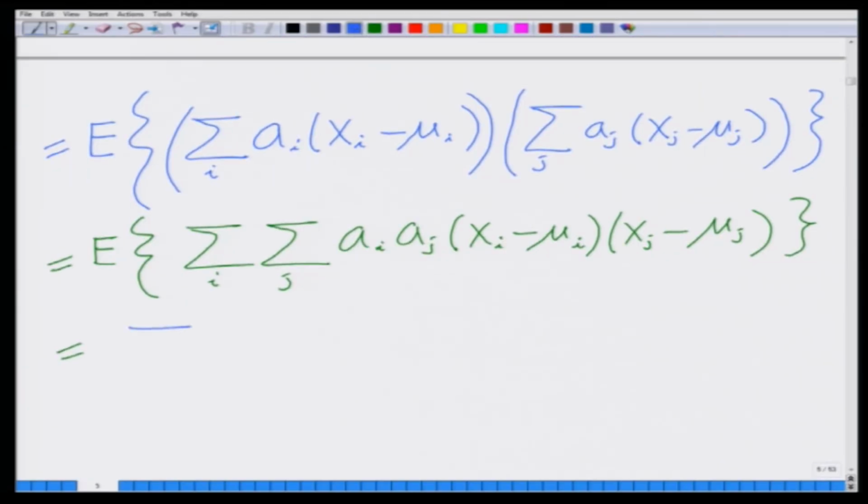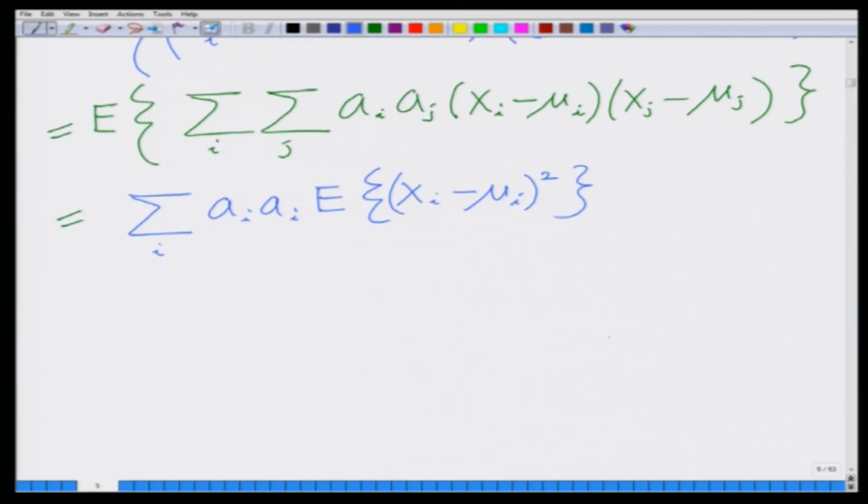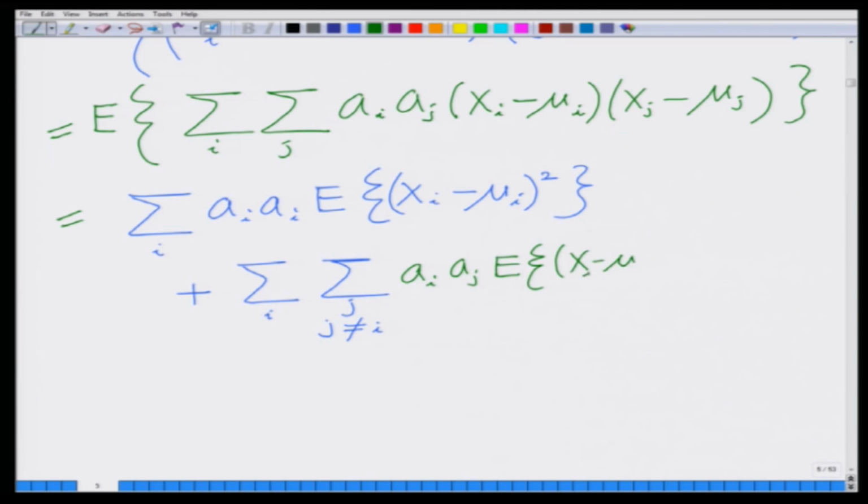One, when i is equal to j, those terms reduce to a_i square times the expected value of (x_i minus mu_i) whole square, plus terms for which j is not equal to i, plus summation over i, summation over j, j not equal to i, expected value of a_i a_j times (x_i minus mu_i) times (x_j minus mu_j).